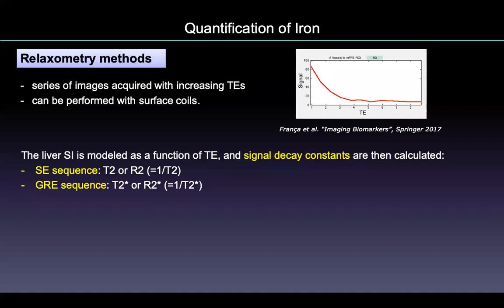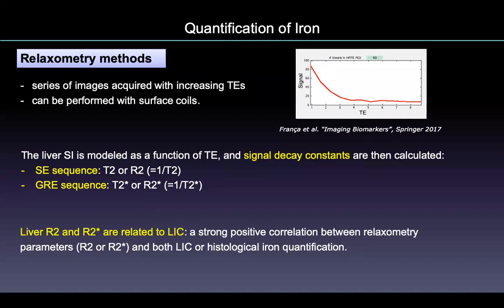And relaxometry methods require a series of images acquired with increasing TEs, and then the signal intensity is modeled in function of TE, and the signal decay constants are calculated. If we are using a spin echo sequence, we calculate the R2. If we are using a gradient echo sequence, we calculate the R2 star.